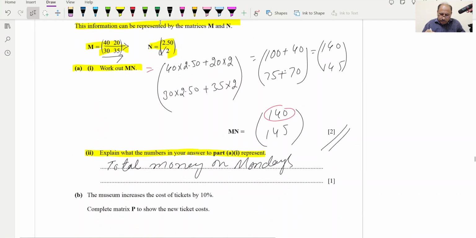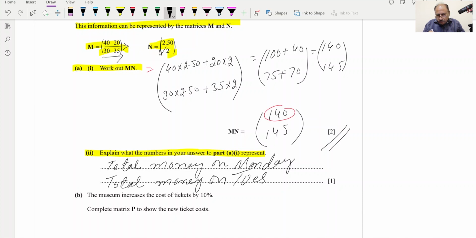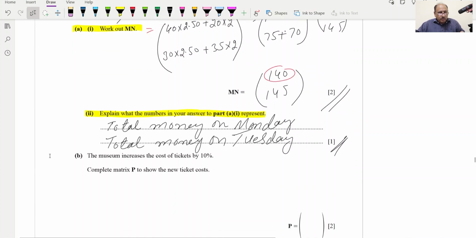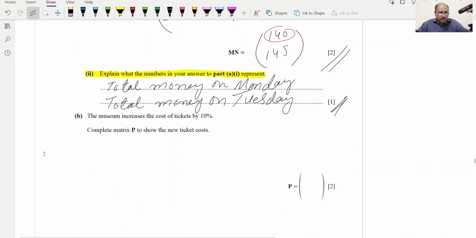And this will be the total money on Tuesday. So this will be our answer, and this part is a 1 mark question. Now we can move to the next question.